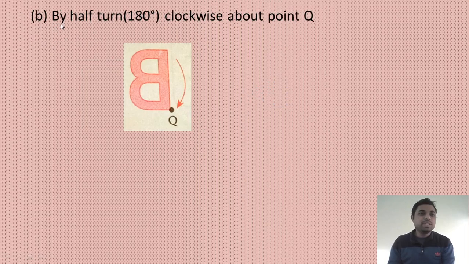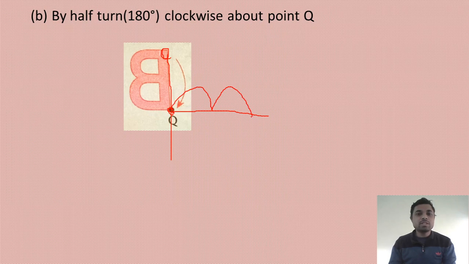Next, B. By half turn, that means 180 degrees clockwise about point Q. Here this is the point Q. So when you rotate it, about this point, if this is the line. So when you rotate this point 180 degrees, if you draw here, that is a 90 degree rotation.